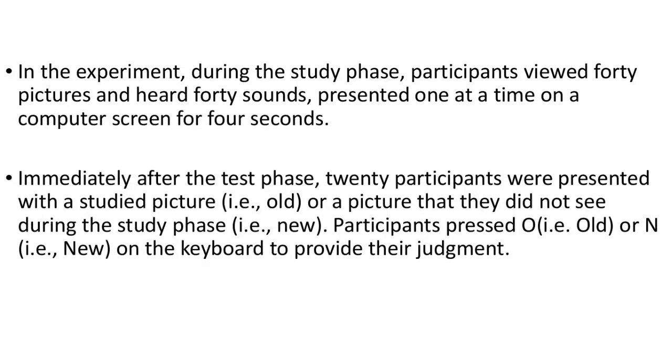So what would this be, a between-subject or within-subject design? And this is only with two levels of the independent variable. Anyone with the answer here? Exactly, it would be a within design because all the participants are viewing pictures and they're also hearing sounds, and there are 40 pictures and 40 sounds.